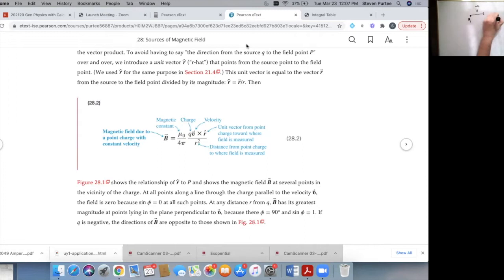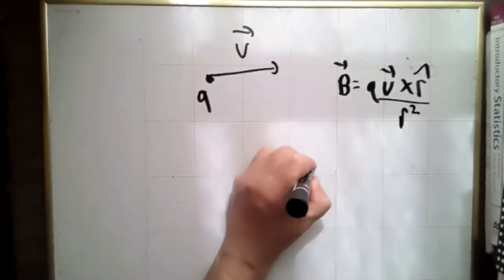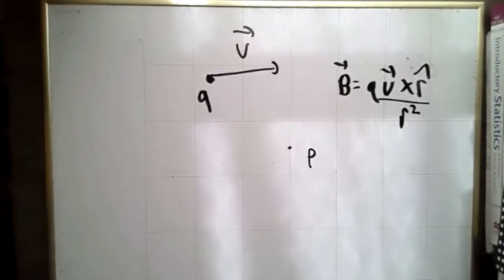So let me write down our formula. So I want to find, say, the magnetic field at this point P.